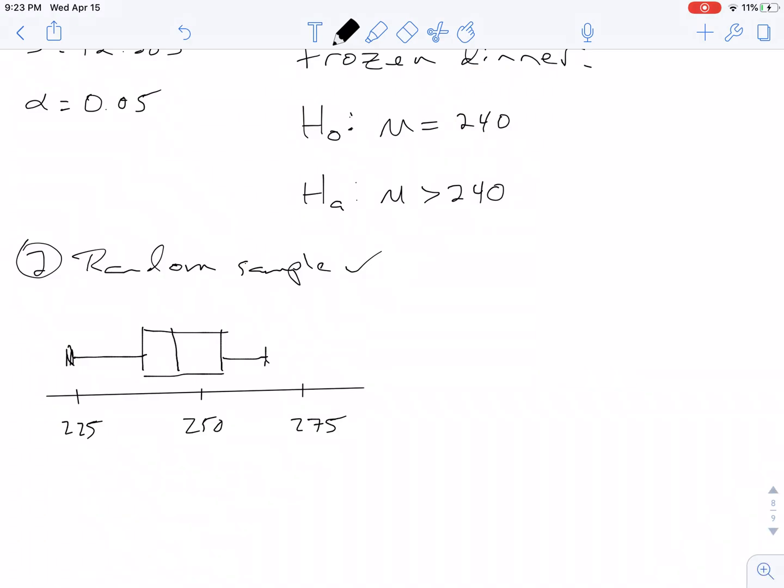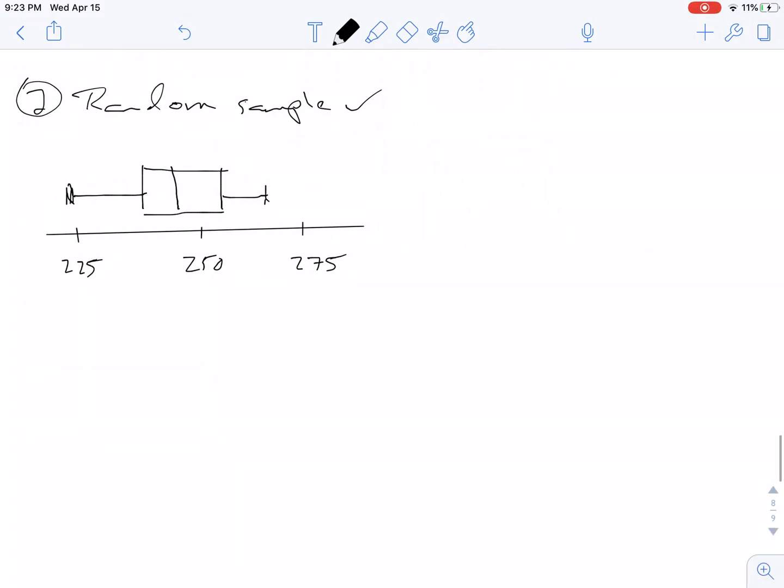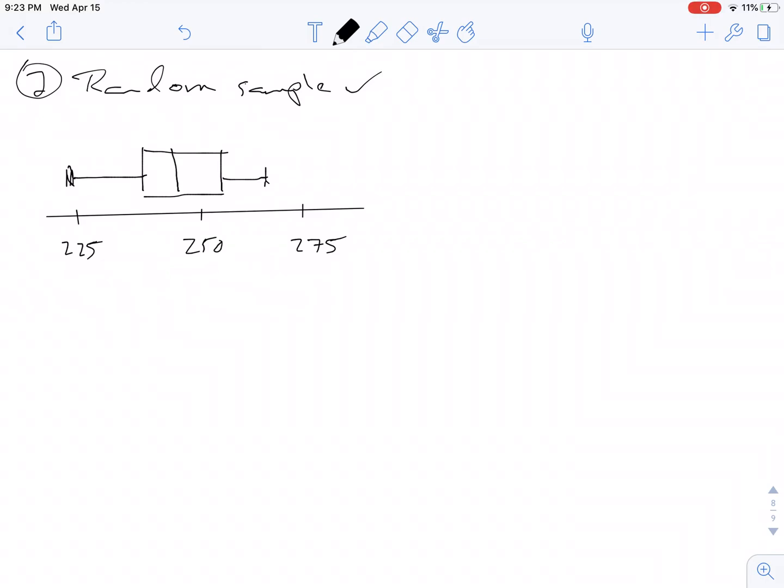Okay, so that's my box plot. All right, so then I need to describe what that shows me. So I want to draw it, but then also interpret it.